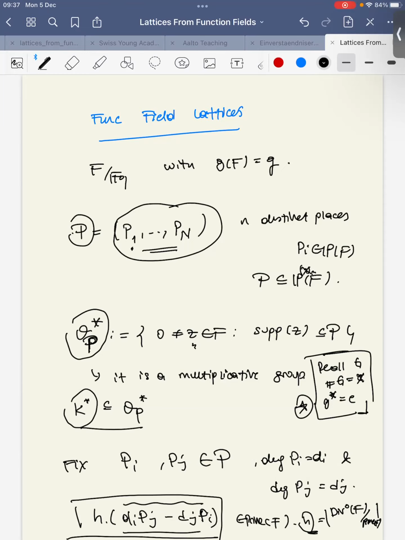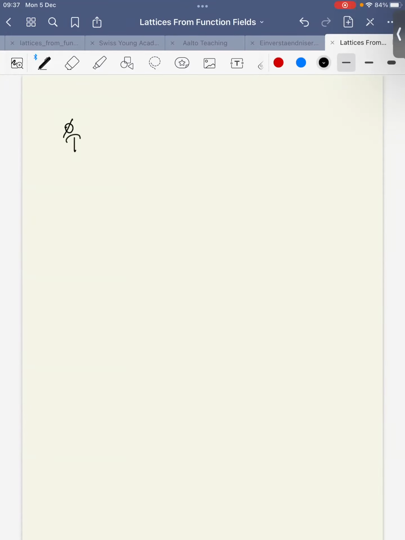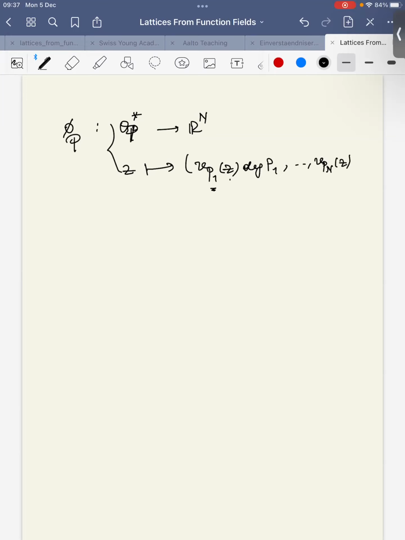And by using this multiplicative, abelian group structure, we can consider a group homomorphism from O_P star to R^n by mapping every function inside of it to the n-tuple, and this n-tuple is defined in terms of the valuation of this function z at P_1 times degree of P_1, up to the nth entry, the valuation of z at P_n times degree of P_n.